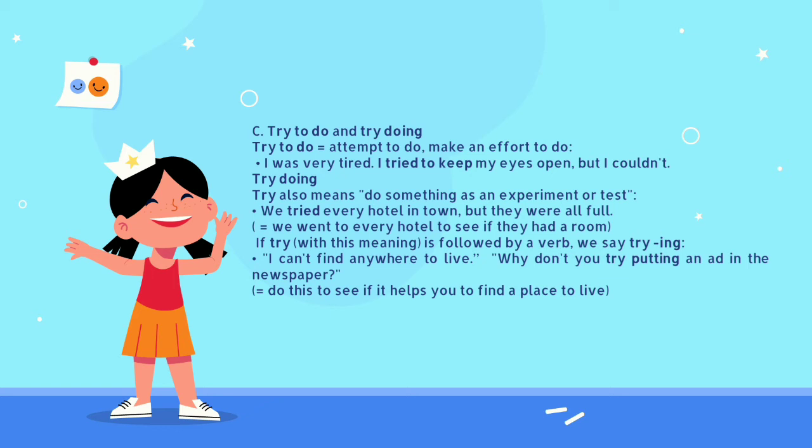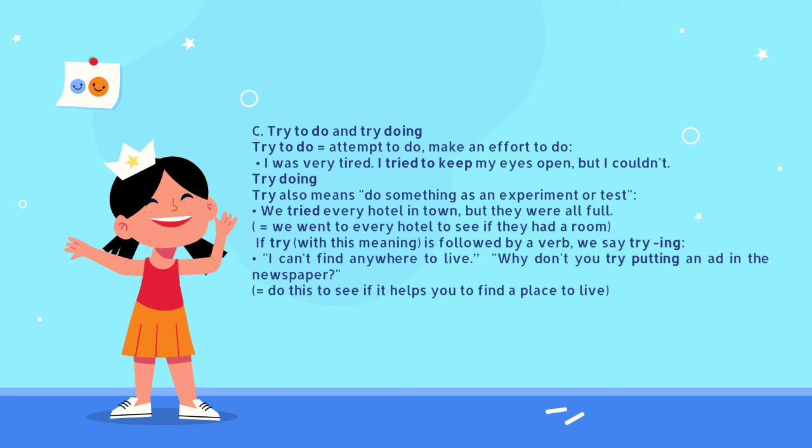The next is C. Try to do and try doing. Try to do means attempt to do, make an effort to do. Example, I was very tired. I tried to keep my eyes open, but I could not. Next, try doing. Try also means do something as an experiment or test.